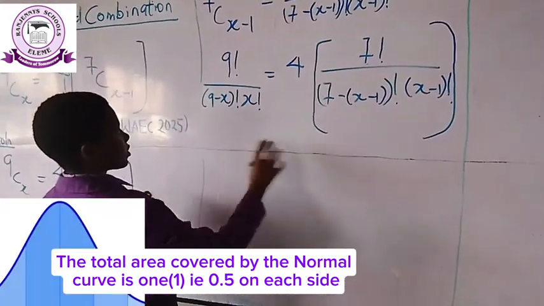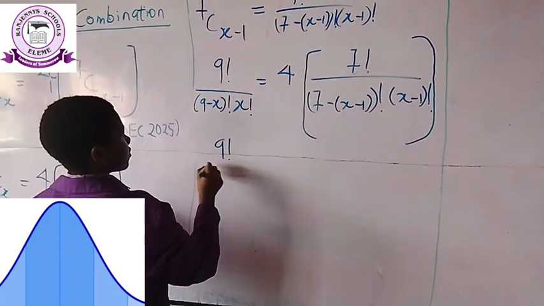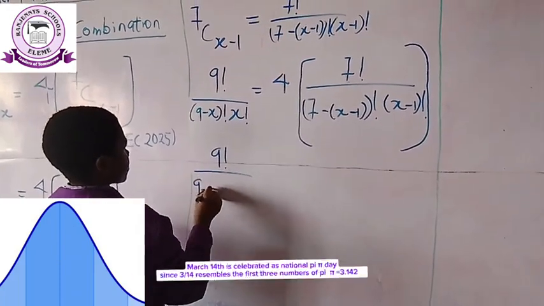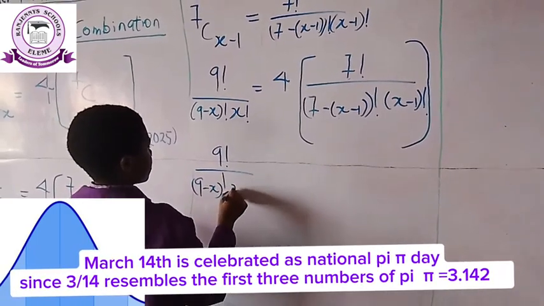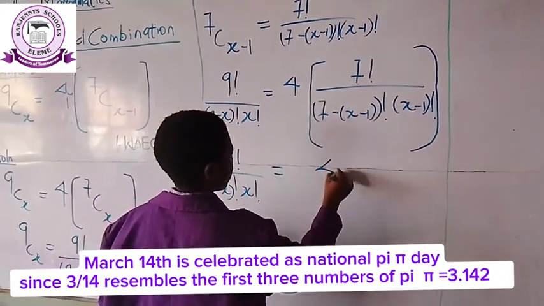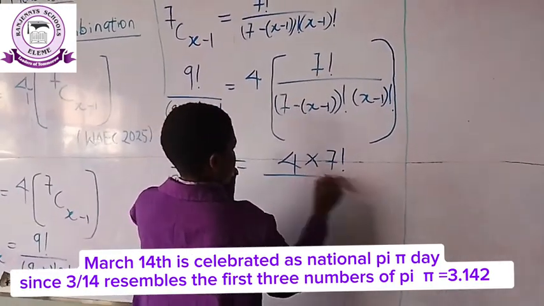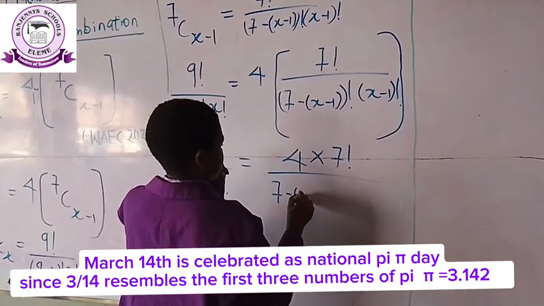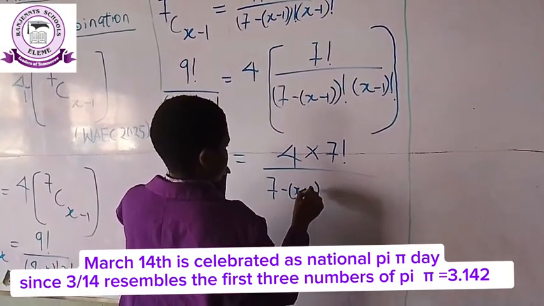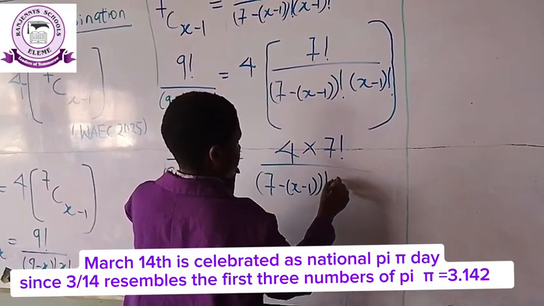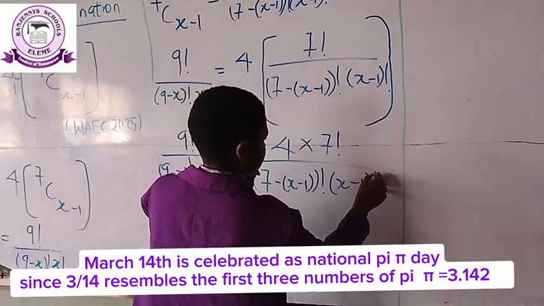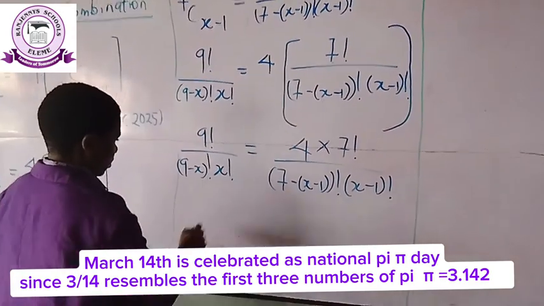I'm going to open the bracket now. So it will be 9 factorial over 9 minus x factorial x factorial equals 4 times 7 factorial over 7 minus x minus 1 factorial x minus 1 factorial.